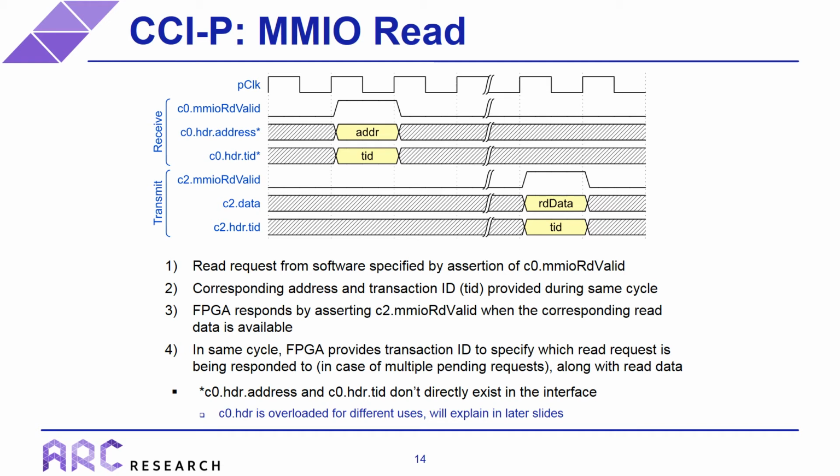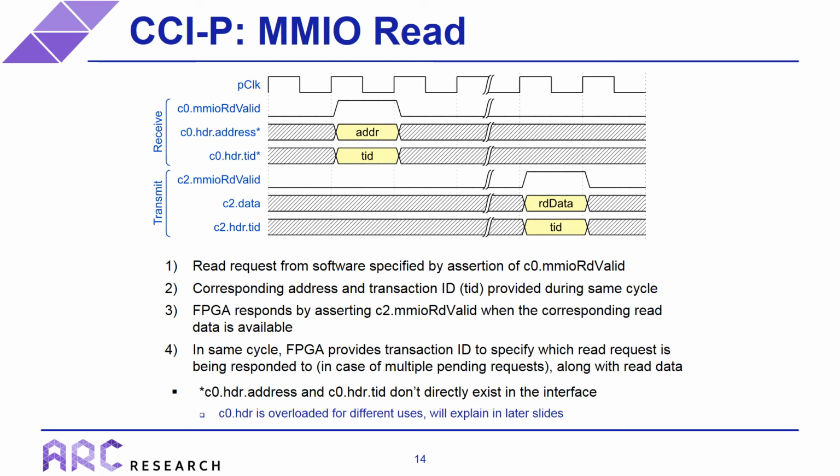The reason the protocol provides this flexibility in timing, where it gives you multiple cycles to respond to a read request, is because there could be situations where you want to memory map things other than registers. If you've memory mapped a memory or some other resource that requires more than one cycle to access, then you can't respond to a read request within a single cycle.